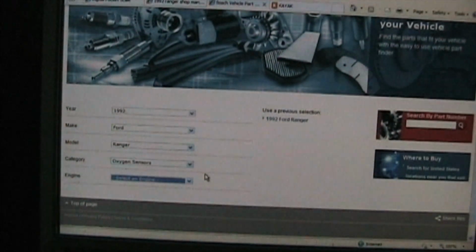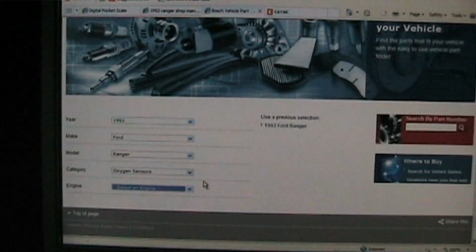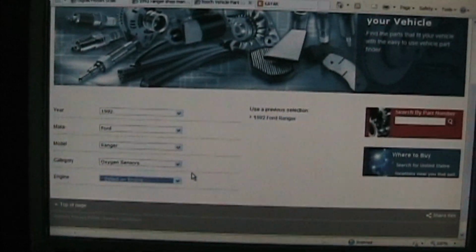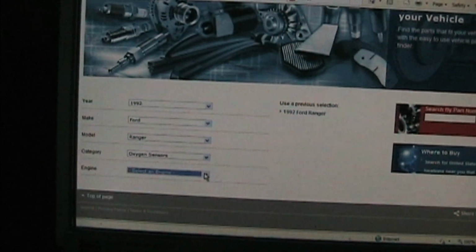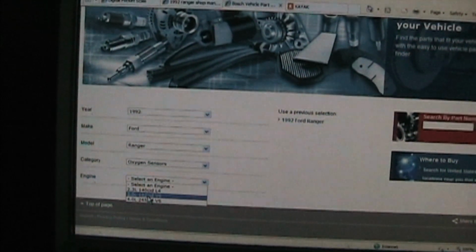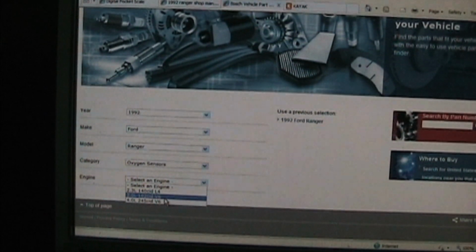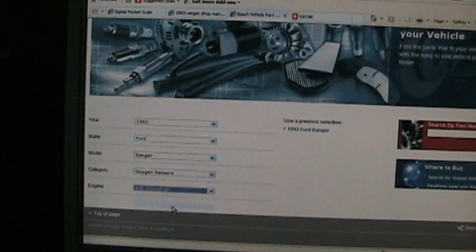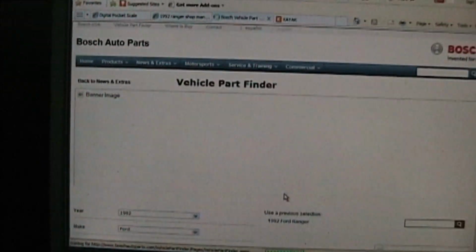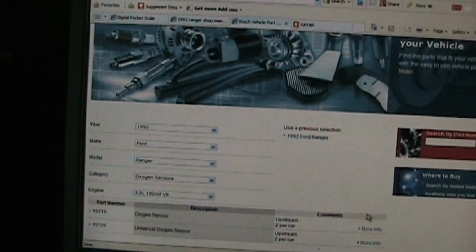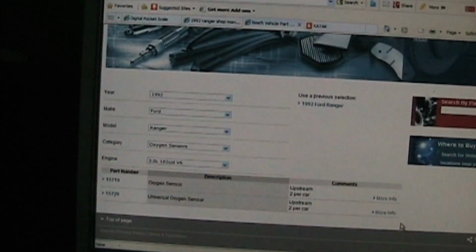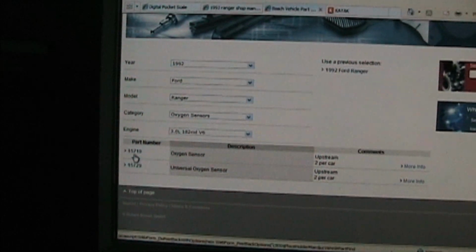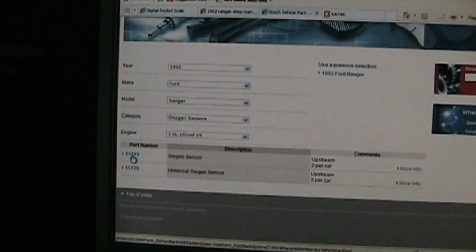If you go to the Bosch site and type in the 92 Ford Ranger, look for the oxygen sensor, then select the engine type, 3.0 liter 182 CID V6, you'll see that it calls out the 15719.